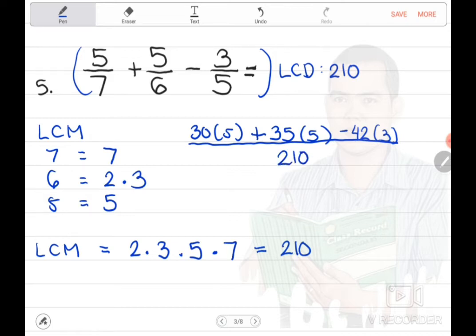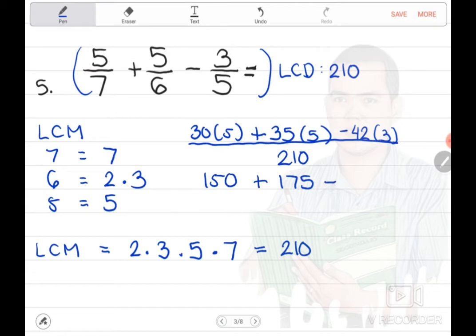Okay? So let us simplify. So what is 30 times 5? That is 150. Plus, what is 35 times 5? 35 times 5 is equal to 175. Minus 42 times 3.